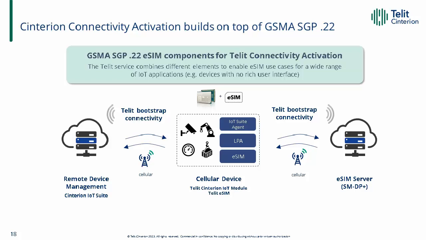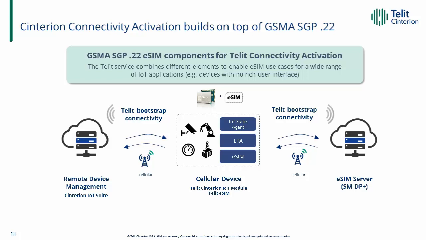Just like that, we have already done our due diligence, building the agents inside the module. That is the LPA, and also another one, the IoT Suite agent. With those agents running inside our cellular module, you can benefit from the Bootstrap profile also built within our eSIM.